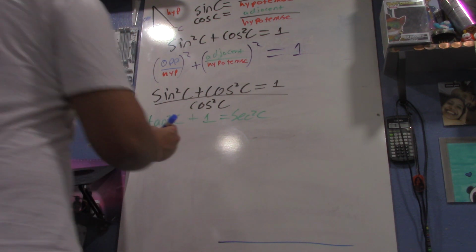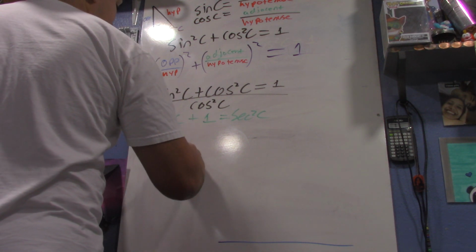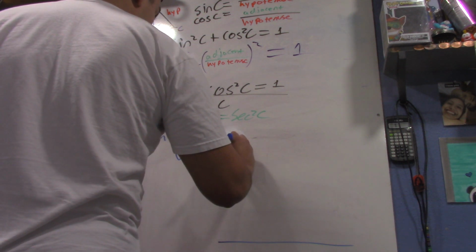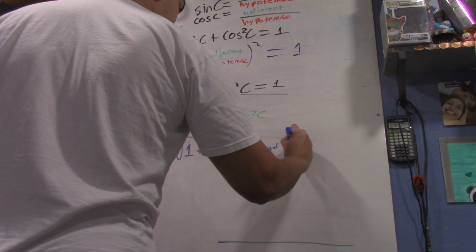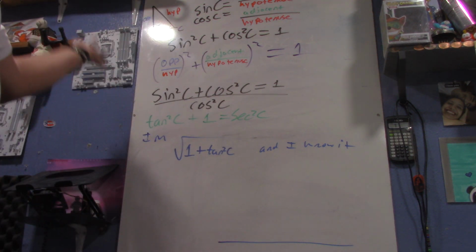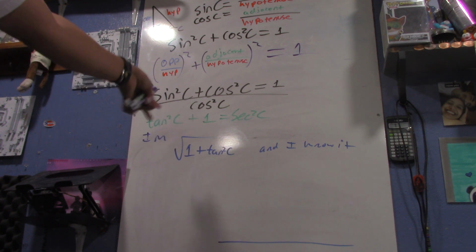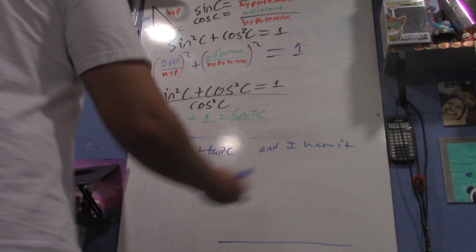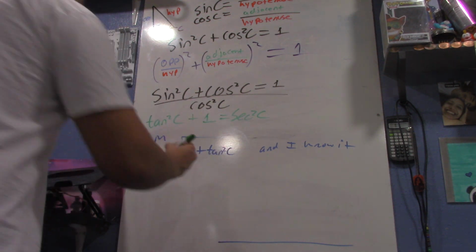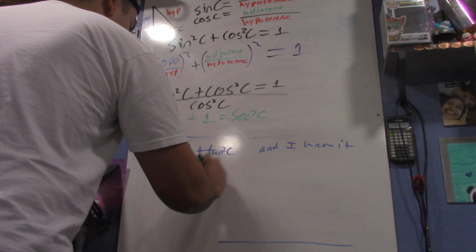So, if you have some prankster with a t-shirt that says, I'm the square root of 1 plus tangent squared of C, and I know it, this really means the square root of secant of C, quantity squared.